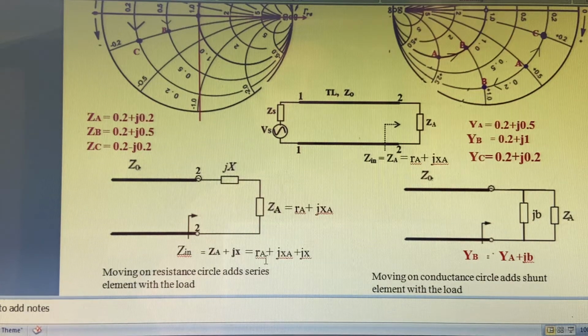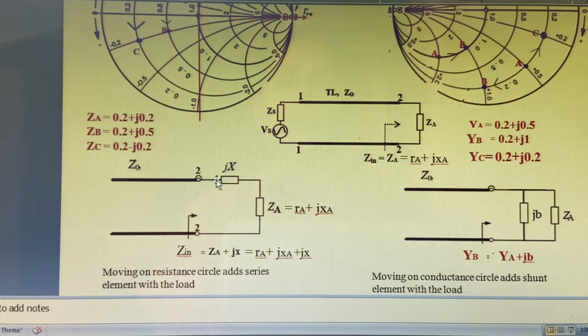Here, if you take Za is equal to Ra plus jXa, this jX is added with the reactance of the Za. So now the net reactance of Zn is equal to jXa plus jX. So here the reactance of the input Zn changes based on the value of X.